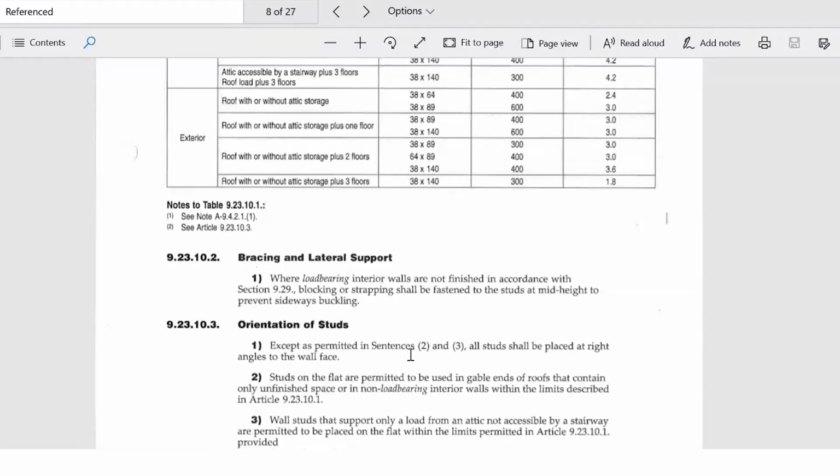Except as permitted in sentences 2 and 3, all studs shall be placed at right angle to the wall face, which is typical. Studs on a flat are permitted to be used in gable ends of roofs that contain only unfinished space or in non-load bearing walls within the limits described in Article 9.23.10.1.